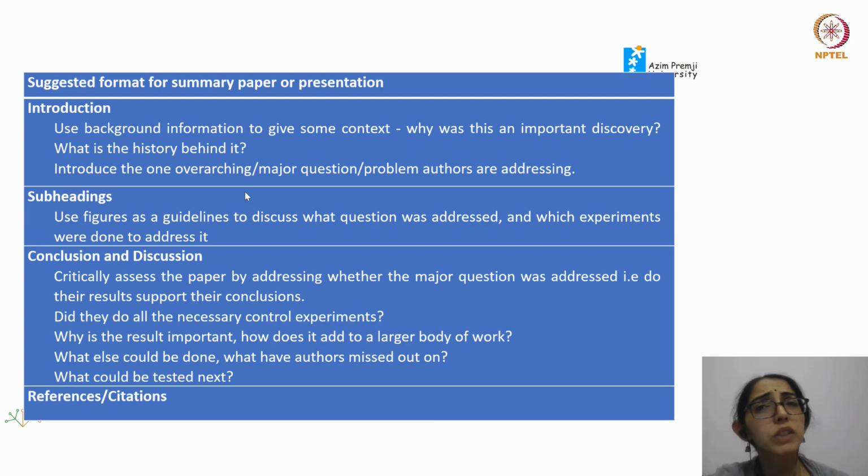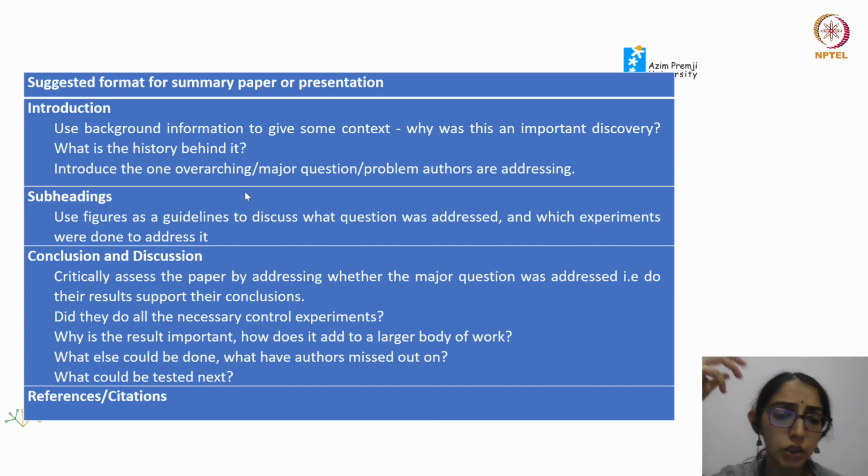And then you can also ask yourself, do you think that the author's claims are valid or not? Right? You can say, they're saying XYZ, but I think if they did this one more experiment, that would definitively prove their claim. Right? So that's what we mean by critically addressing or critically evaluating the paper.